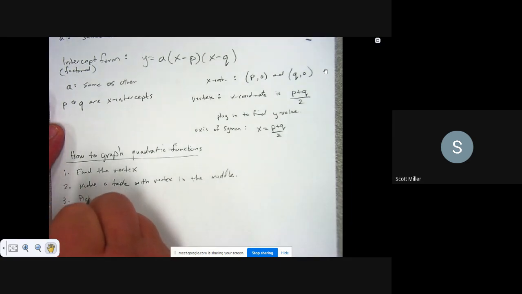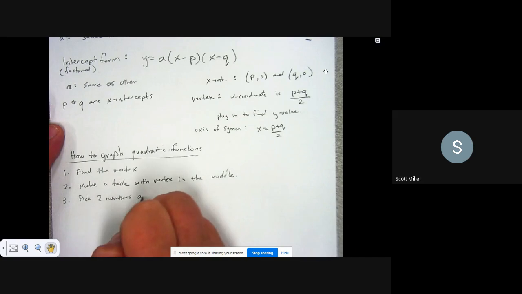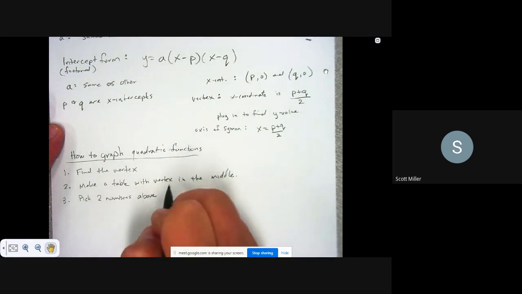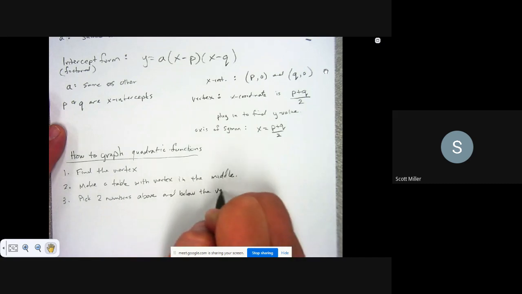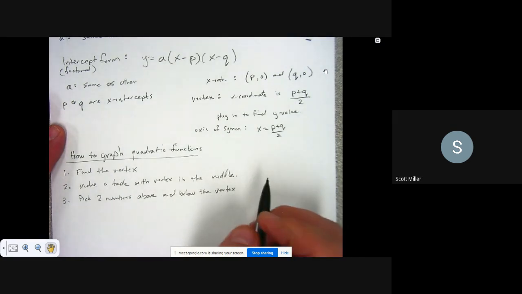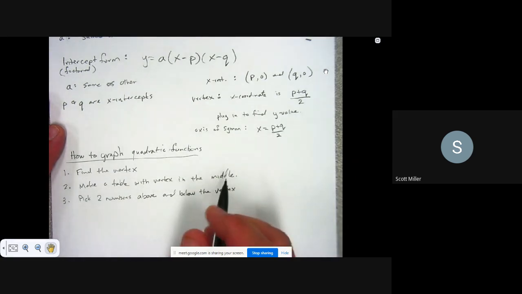You're going to pick two numbers above this vertex number and below. What numbers could you pick? Any one you want. Okay? It doesn't matter. So you can pick numbers that give you nice integers. So you don't need the next two. Most of the time you just pick the next two up and the next two down. But you can pick whatever you want.